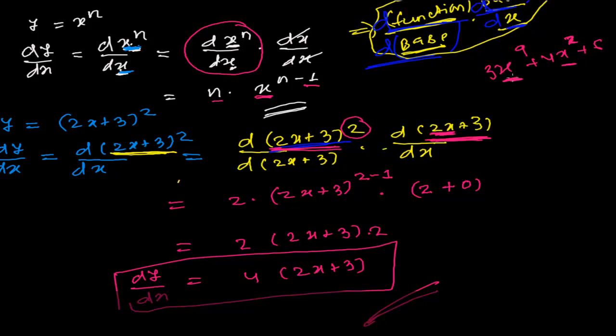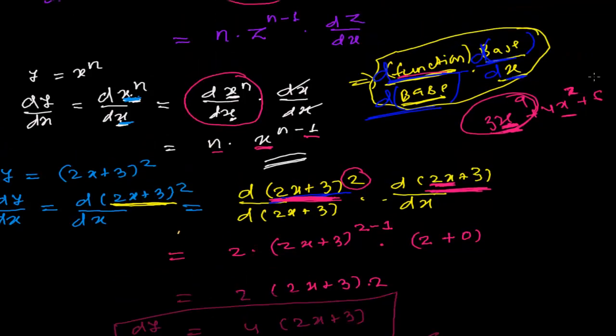But now see something different. 2x plus 3 is my base whose power is 2. So keep those things in mind. What is your base? First differentiate your function with respect to the base, and then differentiate the base itself with respect to x, with respect to what you're going to differentiate the whole function.